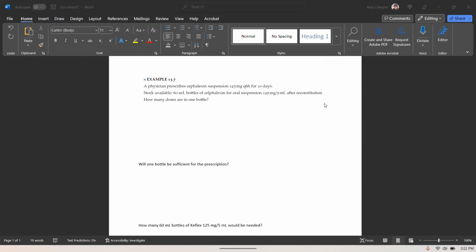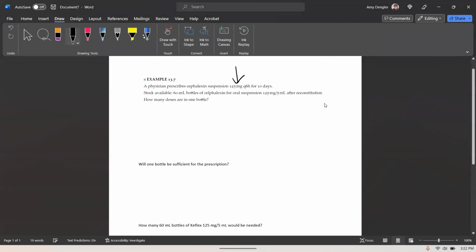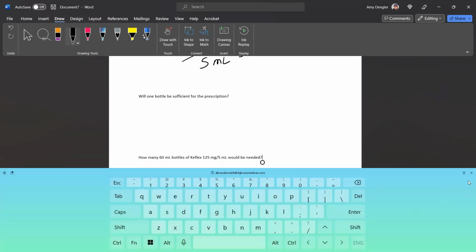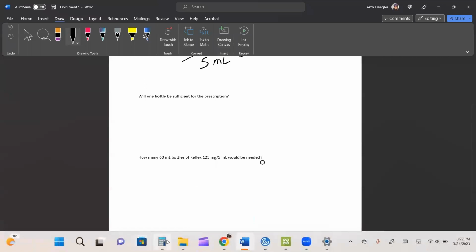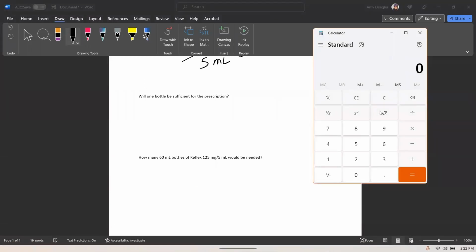So looking at what the physician ordered, it's 125 milligrams, which according to the strength, every 5 ml we give the patient is 125 milligrams. So that means that the dose is 5 ml every 6 hours. So we can just simply do 60 ml divided by 5 ml. We can find out how many doses are in the bottle. That's going to be 12.